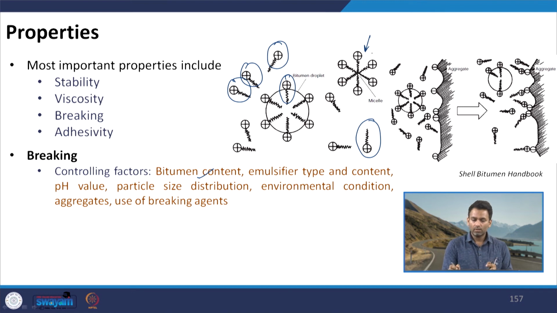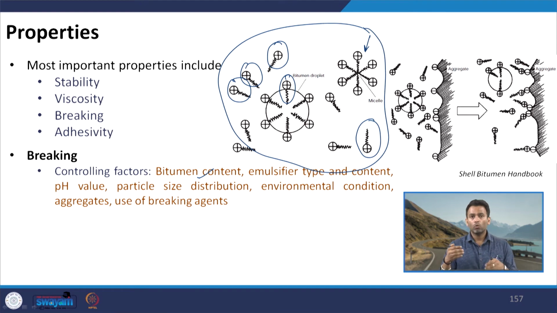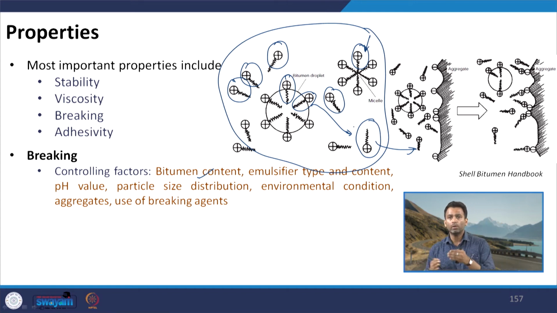Since this entire system wants to be in equilibrium, when the aggregate tries to pull this out of the system, some other emulsifier, either from the micelles or from the bitumen surface, will try to occupy its position to maintain the equilibrium in the system. This happens very rapidly, because as it comes in contact, the process starts and it happens very quickly.